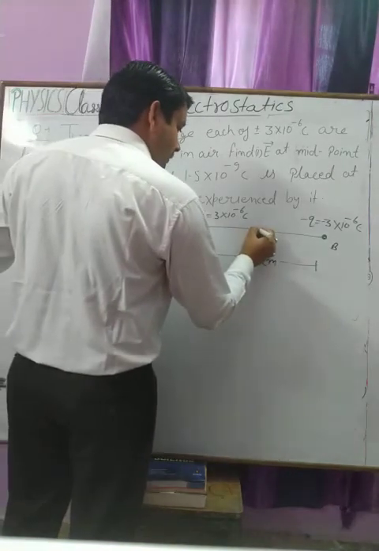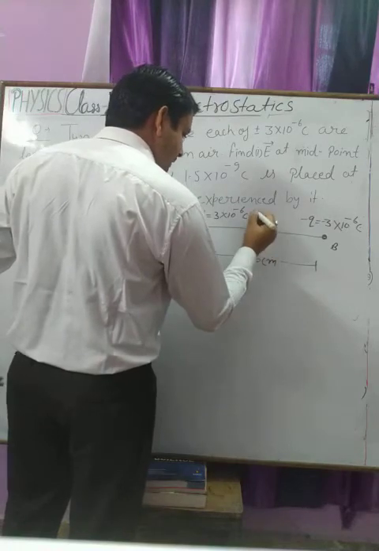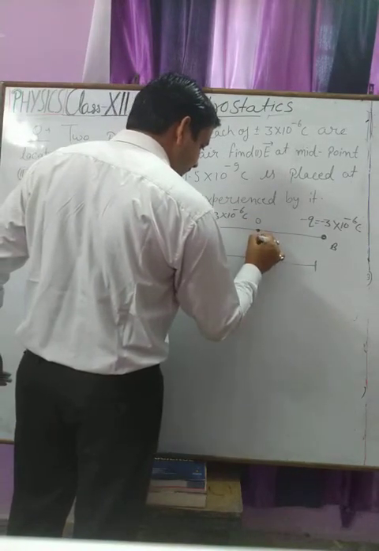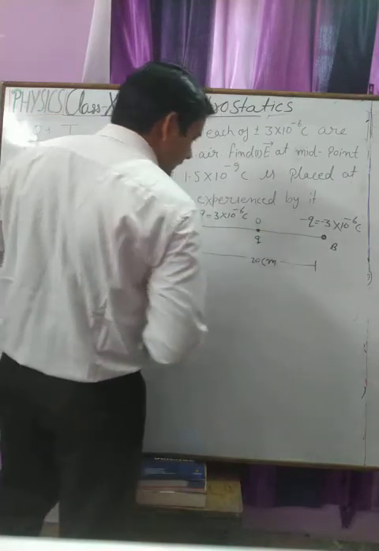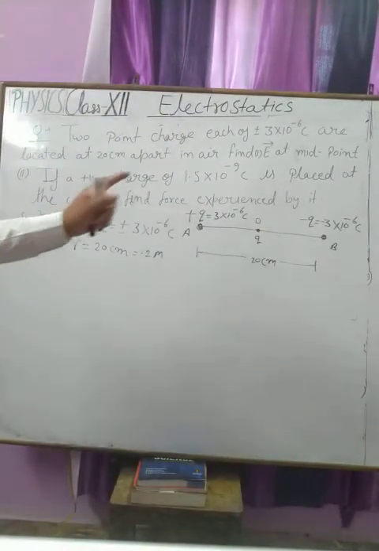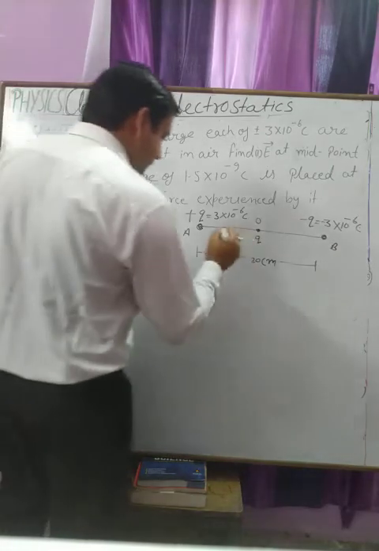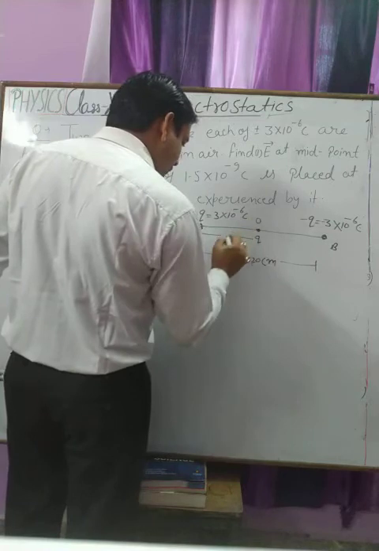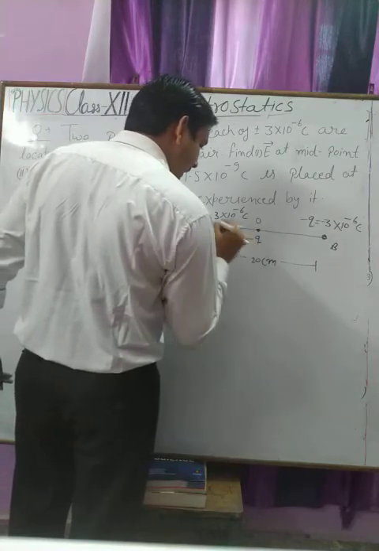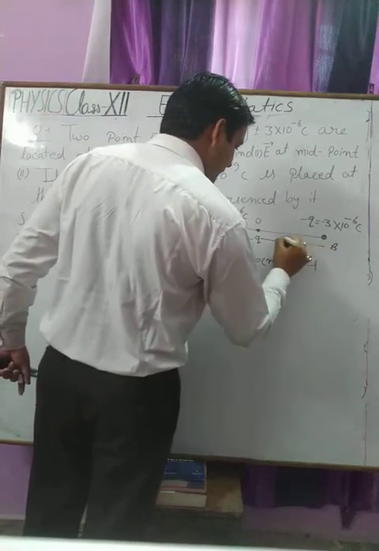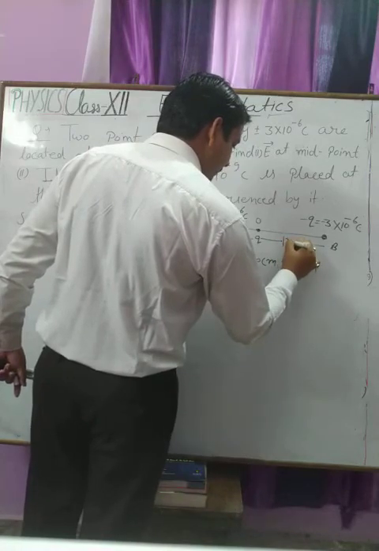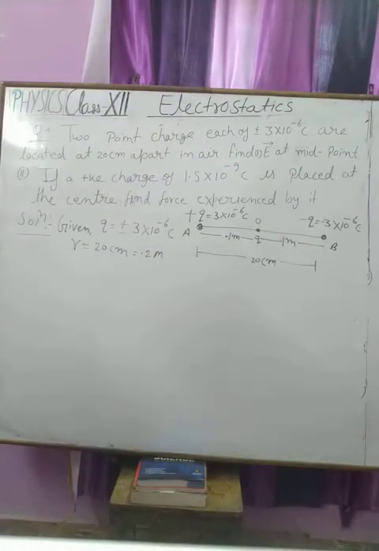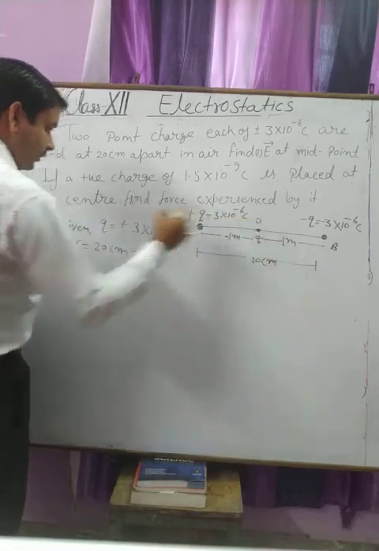Suppose we take a test charge here at point O, we call it Q, and because it is at the center, the distance from A to O is 0.1 meter, and from B to O is also 0.1 meter. Now we are going to calculate the electric field due to the charges at point O.